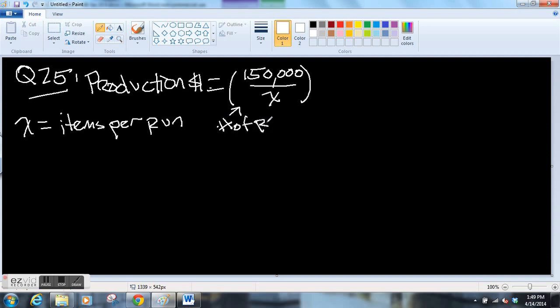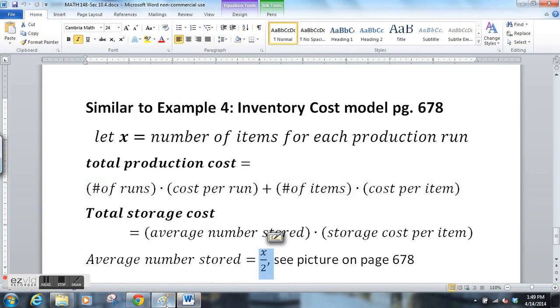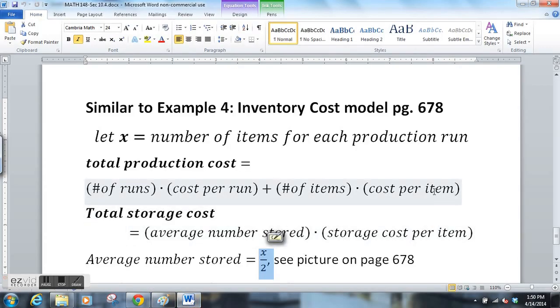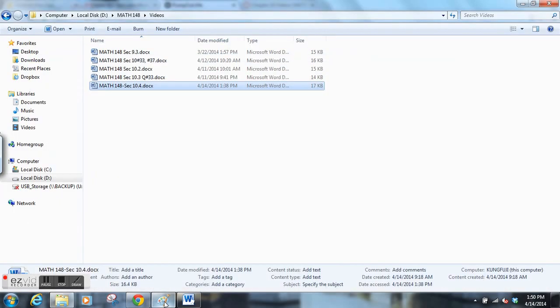If you think about it, you need 150,000 and you're making X for each run, so the number of runs is 150,000 divided by X, times cost per run, which is 360, plus the total number of items, 150,000, because you need 150,000 for the whole year, times 7. That's the cost per item.